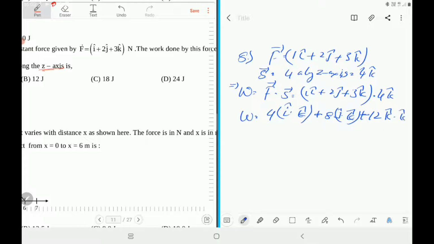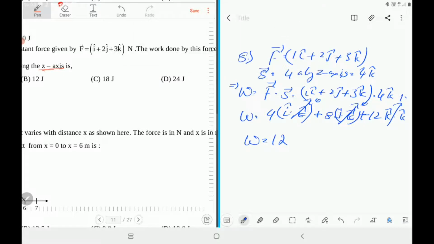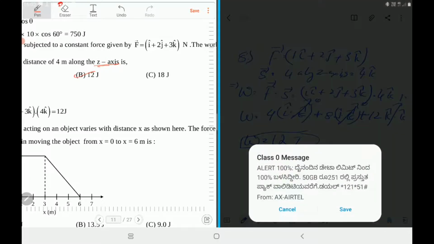So i dot k is 0, j dot k is 0. I explained to you why. So the rest is 12 times, what is k dot k? k dot k is 1. That's why it is 12. What is the unit of work? The SI unit is joule. That's why it is 12 joule, or option B. Like this we'll try. Now we have one more, a similar one.